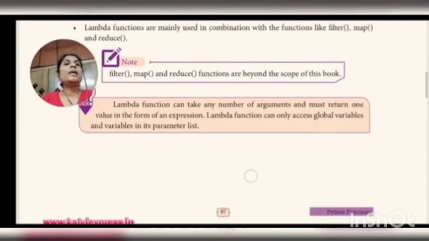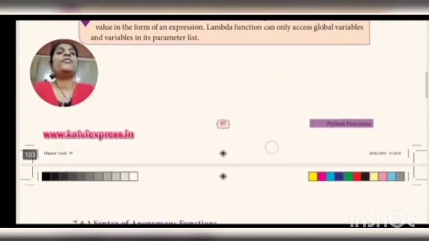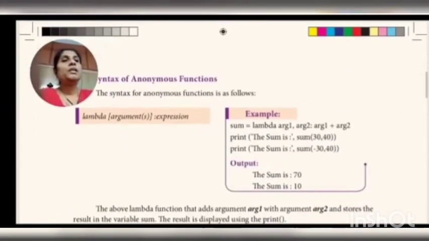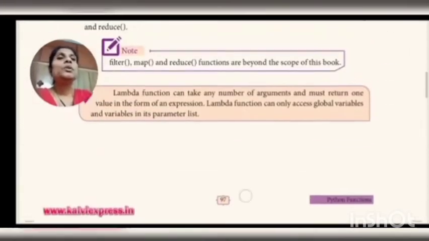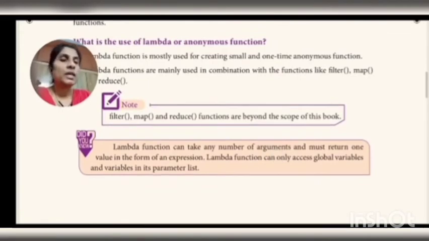It can take any number of arguments, but it must be followed by an expression. So this function looks totally different. You must see here this type of function: sum equals lambda args1, args2, colon, followed by args1 plus args2. This is the expression. This type of function must have the expression after the colon.